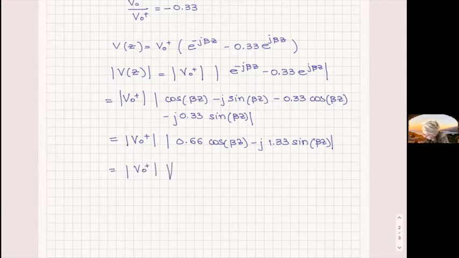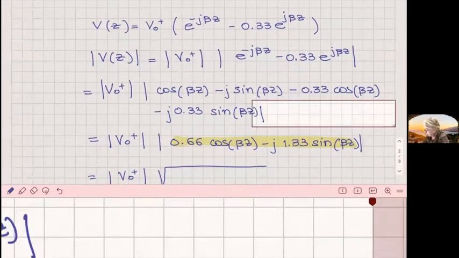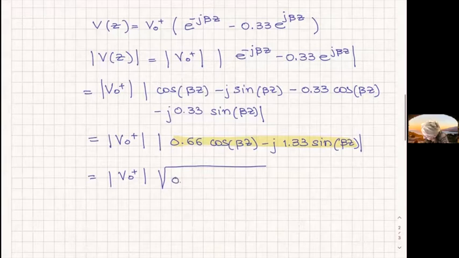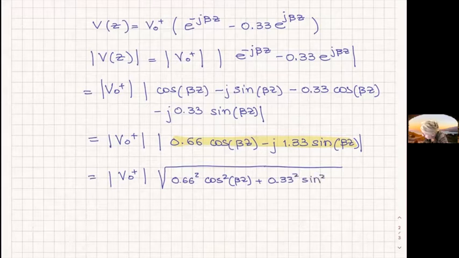So here, the magnitude of this complex number is going to be, how much is 0.6? 0.66, let me do it like that, squared, cosine squared of beta z plus 0.33 squared sine squared of beta z.